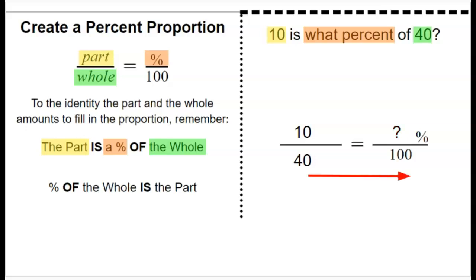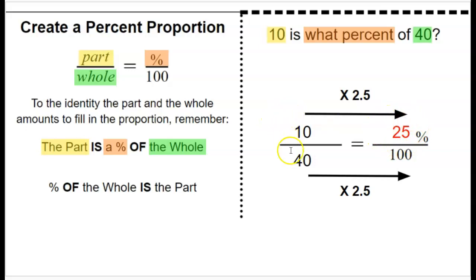In this case, we will go from 40 to 100, which is kind of difficult because you have to multiply by 2 and 5/10 on the top and the bottom, and it gives us 25%. Another way that you can do this is you can take your fraction 10/40, and you can simplify, giving you 1/4, which is a benchmark fraction of 25%.